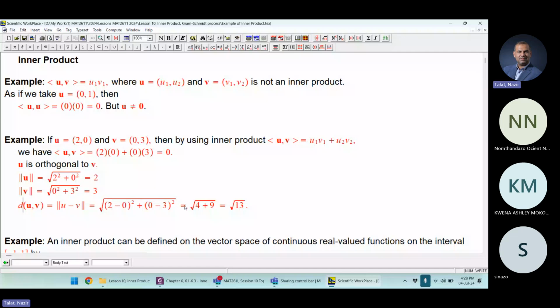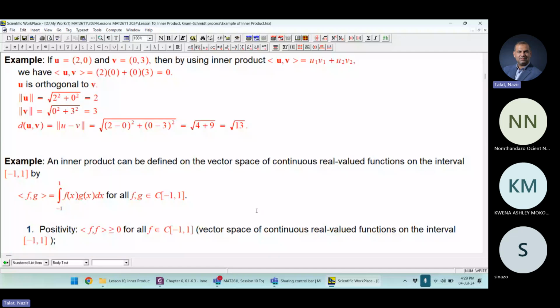Here there is also one interesting example: the inner product defined on the set of all continuous real valued functions on the interval -1 to 1 is defined for f and g in this way, where f and g are coming from the space of all continuous functions defined from -1 to 1.